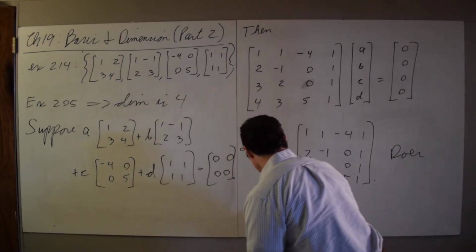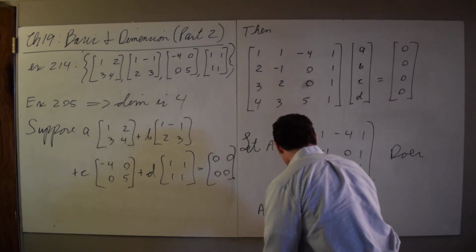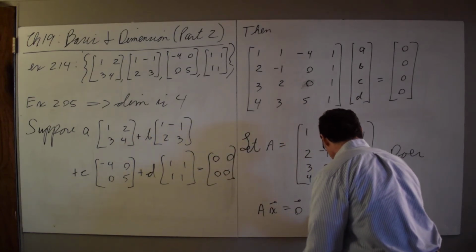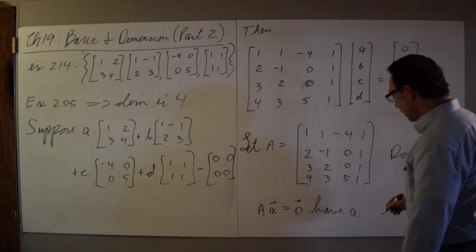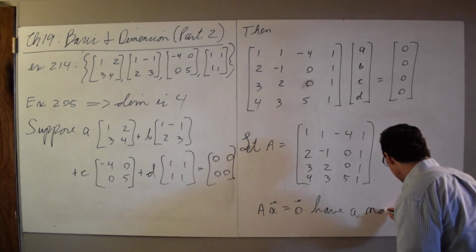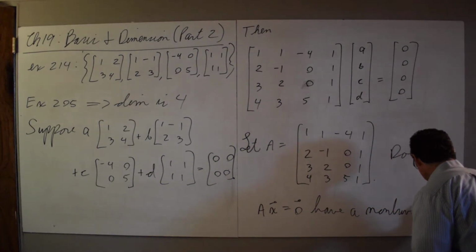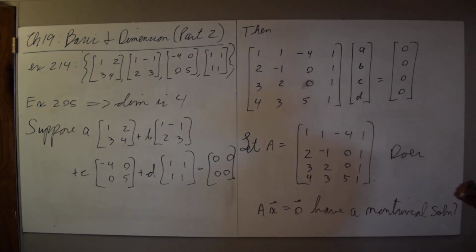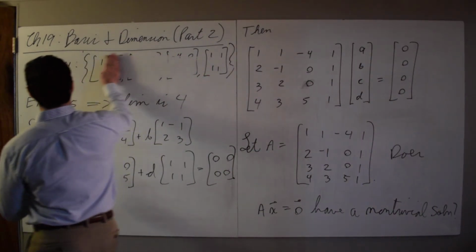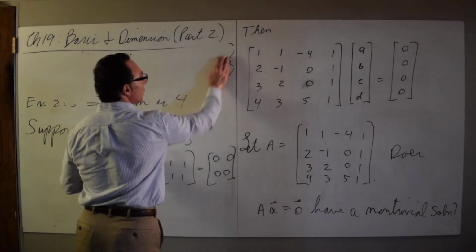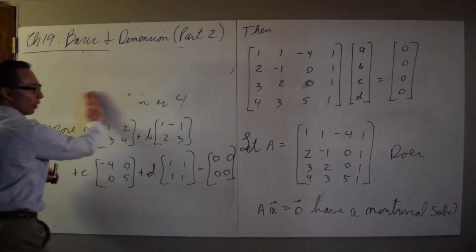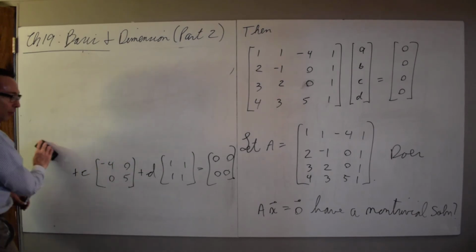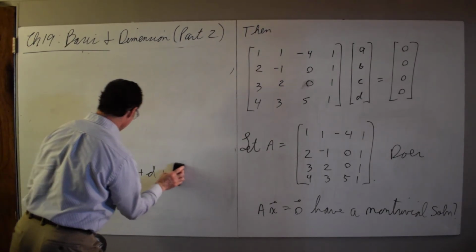Does AX equal to 0 have a non-trivial solution? In other words, does it have a non-zero solution? That's our question. An equivalent way of asking that question is, are the columns of A linearly independent or linearly dependent?